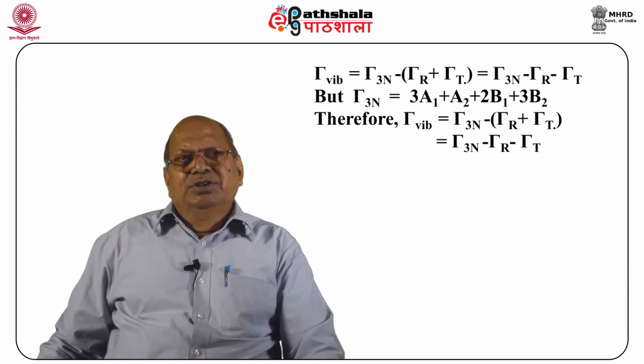Tau vibration is equal to tau 3n minus tau r minus tau t.